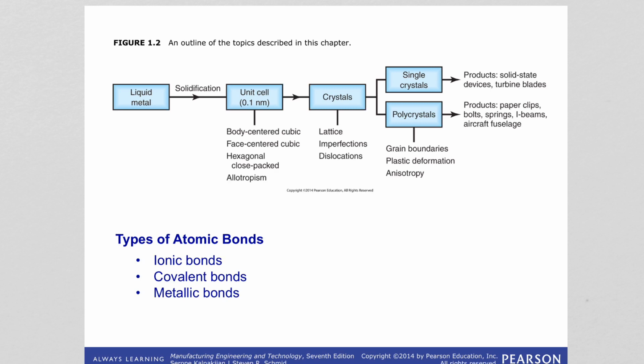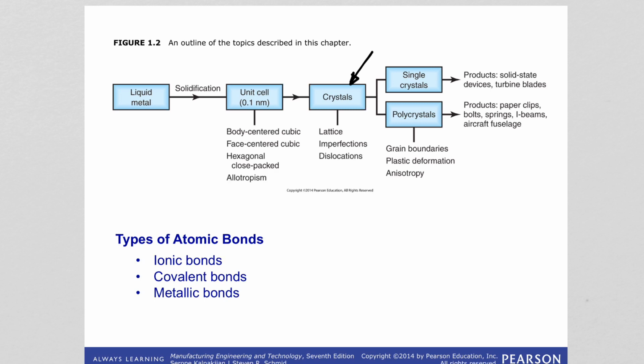Then those unit cells will come together and form the crystals. And inside the crystals, we will have imperfections, dislocations, and they will be responsible for the deformation, how much strength it requires during manufacturing, for example, to shape the part. And it is directly related to the dislocations inside the material, okay?